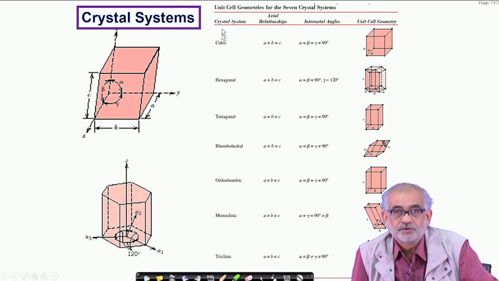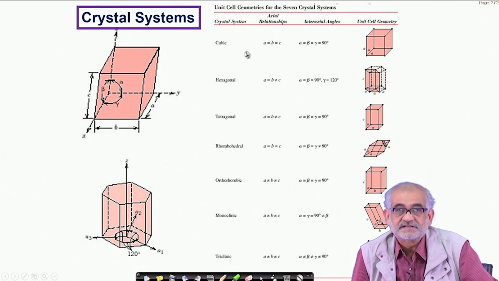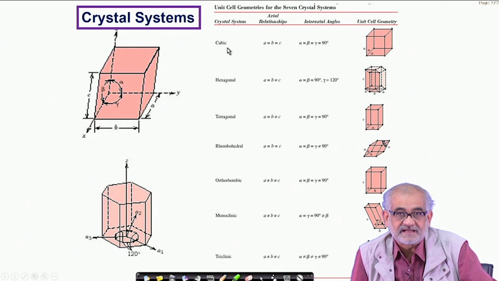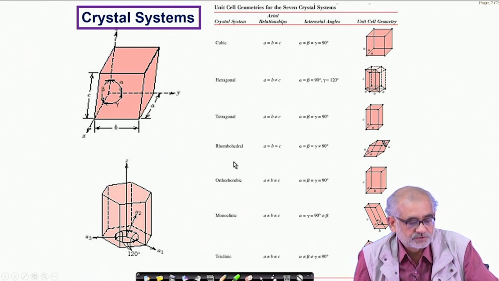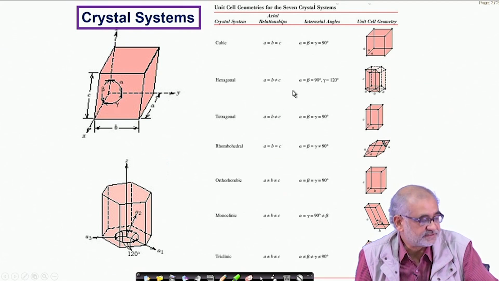These are all known to you: you can have these unit cells appearing as cubic, hexagonal, tetragonal, rhombohedral, orthorhombic, monoclinic, and triclinic, and these names refer to very specific combinations of the lattice parameters.